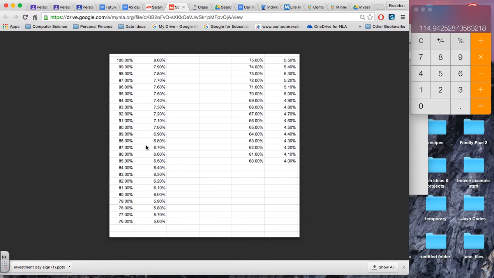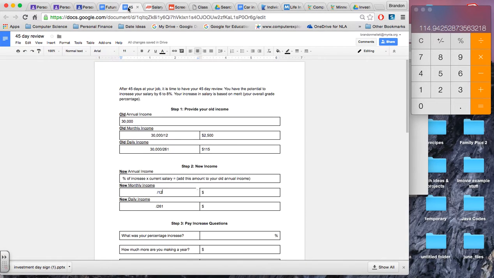Now, let's say, for sake of example, that I have an 89% in the class. So on my performance review, I would get a 6.9% increase in my salary. So I'm going to go back to this form here, and I'm going to write 6.9% times my current salary, and what I need to do now is figure out how much that is.